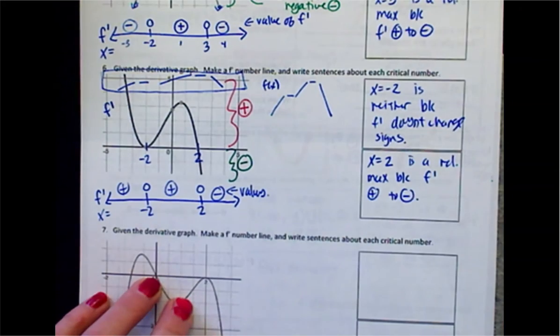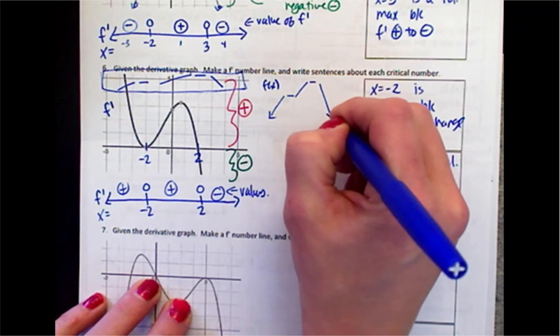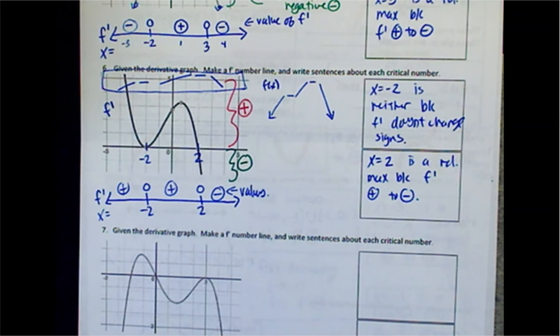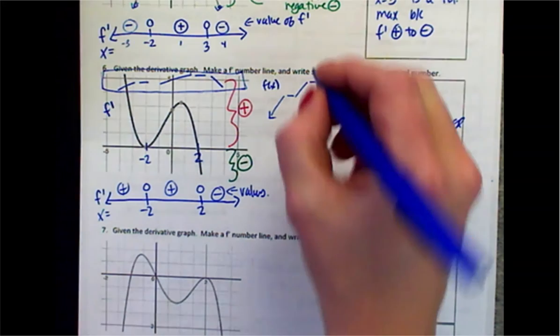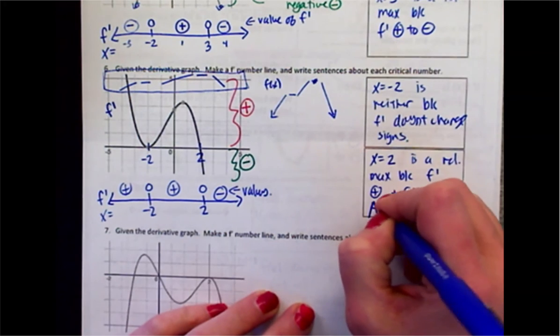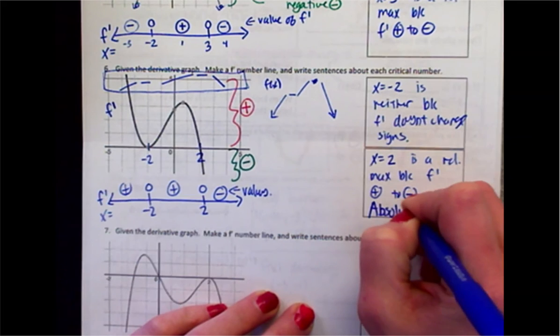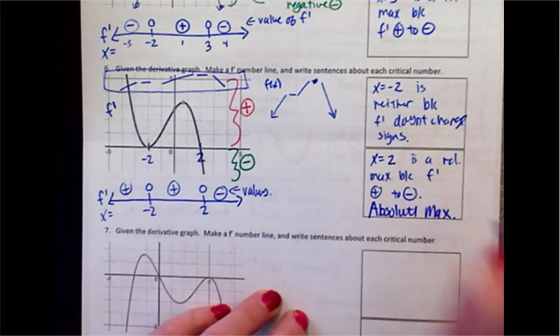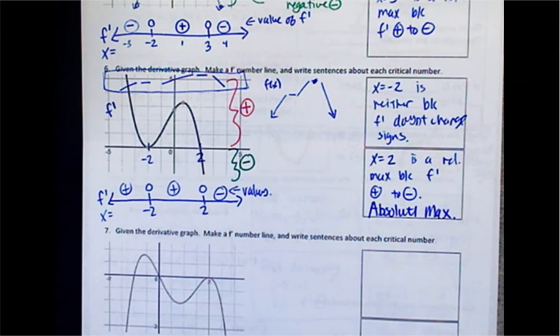Now, based on that particular picture, we can't determine absolutes very often. You need a lot more information. But I can see that this point is actually the highest point on the graph just based on the picture that I sketched. And so I'm going to put the word absolute max.